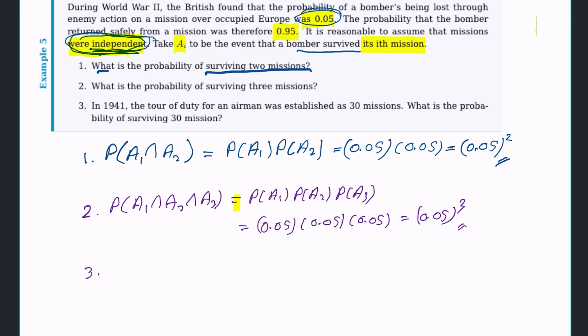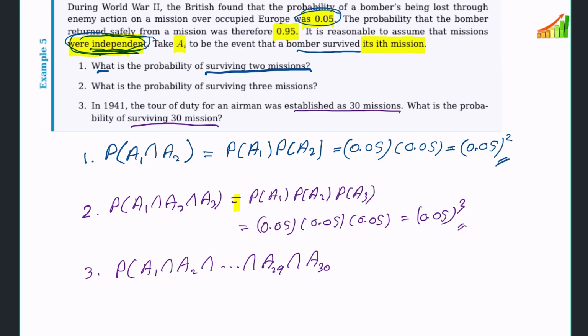Then the third one. In 1941, the tour of duty for an airman was established as 30 missions. What is the probability of surviving 30 missions? I think now you understand the order for this problem: 30 missions, A1 survive and the second mission survive and so on, A29 survive and the 30th.